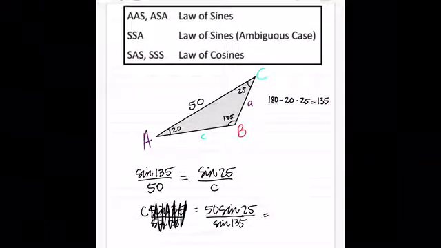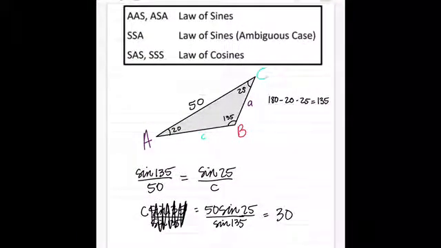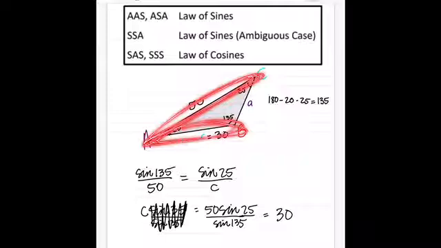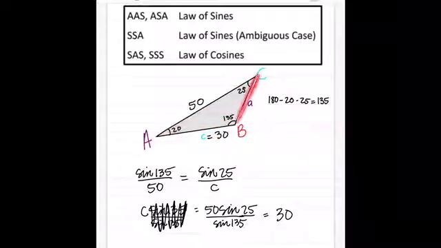So the nearest whole number for this one is 30. Okay, so we said that side C was 30. And that makes sense, actually, because this is the longest side, and that's 50. This is the second longest side, so that's 30. So this one should be less than 30 because it's smaller.